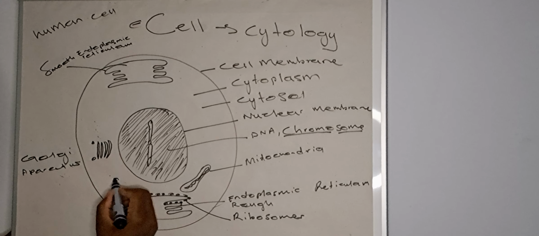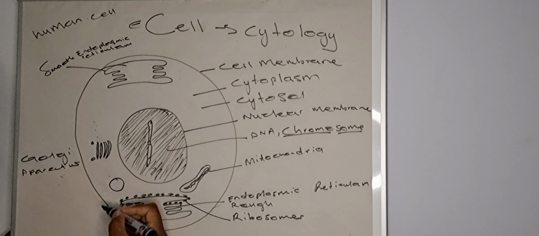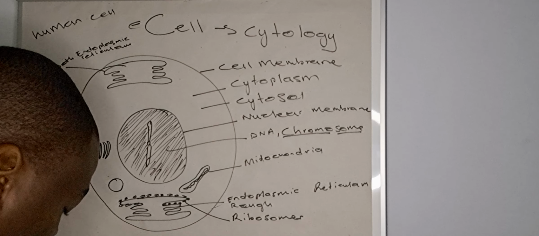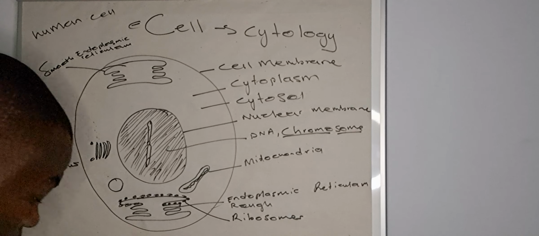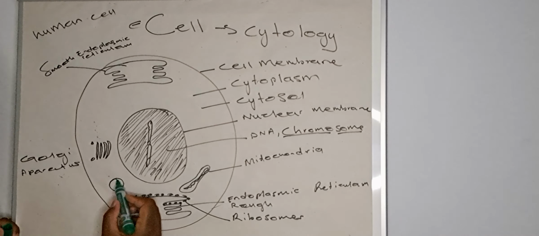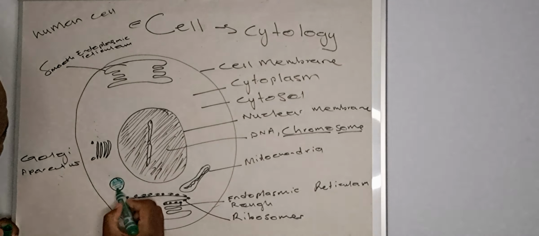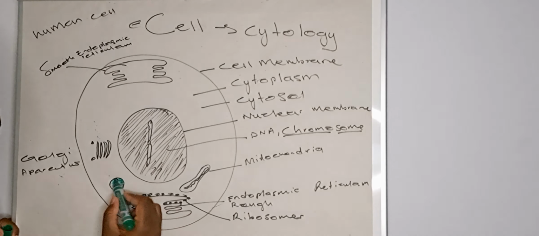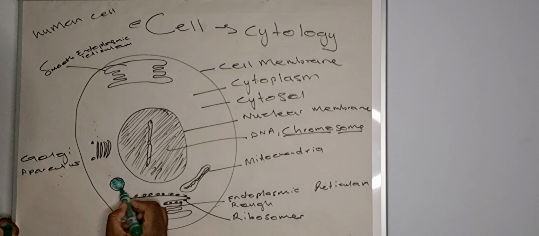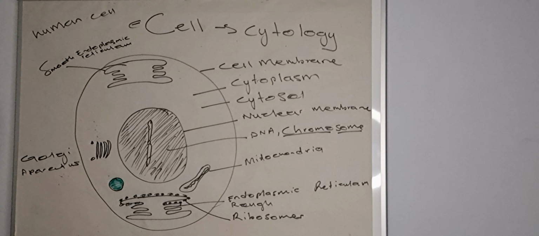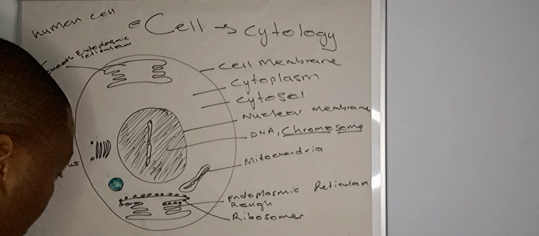And then we do have something that looks like a vesicle. This one will require a color a little bit. Let me just color this one. This is just a cell together with the organelles inside.